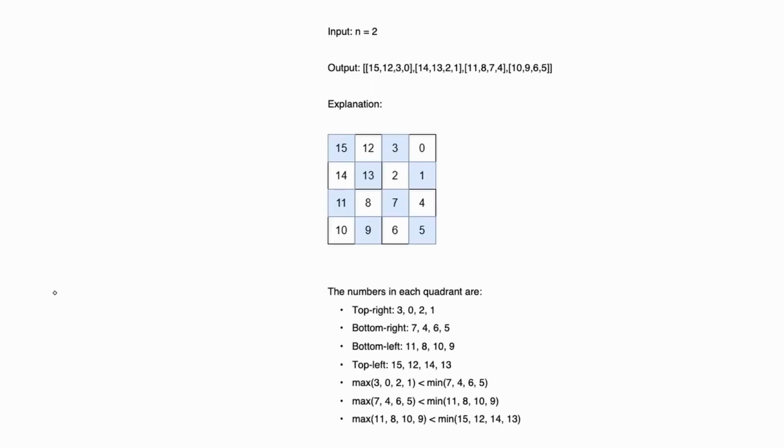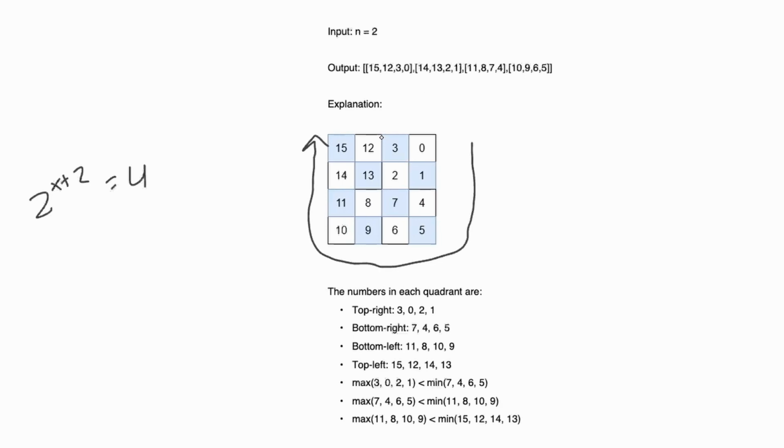So the description is a bit confusing for this problem, but looking at an example can really clarify exactly what's going on. We're given n equals 2. This means that we're going to have a 2 to the second size grid, so 2 to the 2, which is 4. So you have a 4 by 4 grid. And what we basically said is that the quadrants have to be in increasing order going around this way.